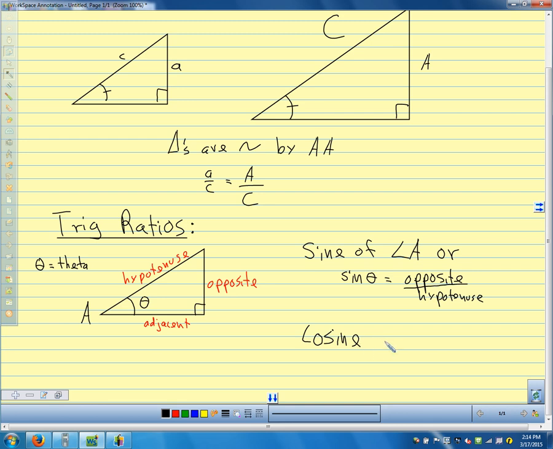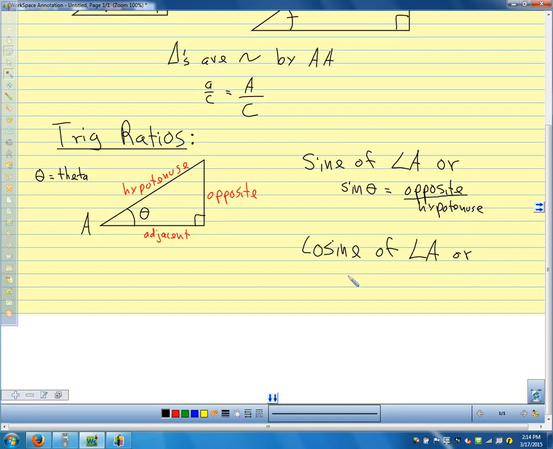The other ratio is the cosine of angle A, or the way you'll usually see it written, cosine theta equals the adjacent over the hypotenuse. So that's the special name we give for that ratio of the sides of this right triangle.